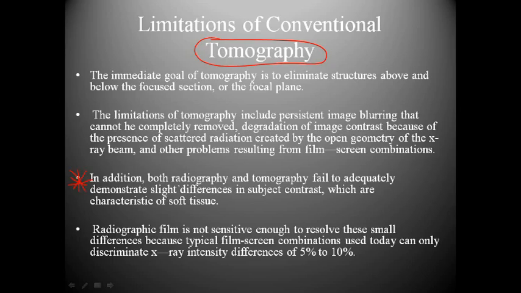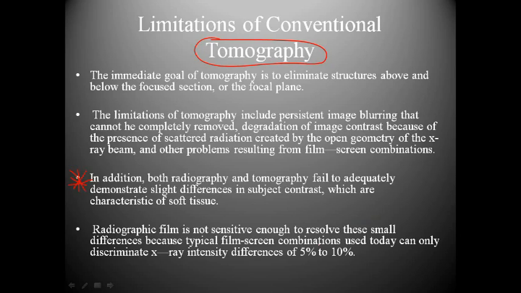Also, radiographic film is not sensitive enough to resolve all these small differences because typical film screen combinations used today can only discriminate X-ray intensity differences of 5 to 10%. And so while this is talking about film, it also applies for what we are doing today with digital radiographic acquisitions.